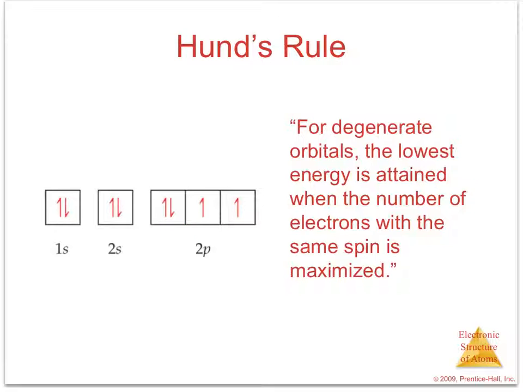He used the empty bus seat rule as an analogy because if you sit on a bus, most people are going to sit down in an empty seat if it's available. They are not going to have 2 people sit in a seat first while there are still vacancies. So the moral of the story is when you're filling these orbital box diagrams, 1 electron goes in each orbital first, parallel spin, and then you come back and start filling.